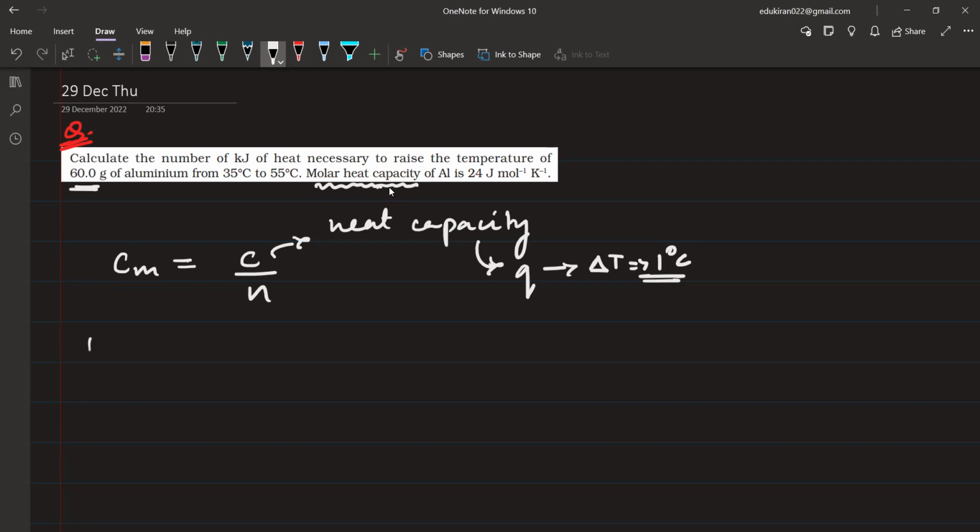First of all, calculate the number of moles of aluminium. And then also write what is the formula of C.